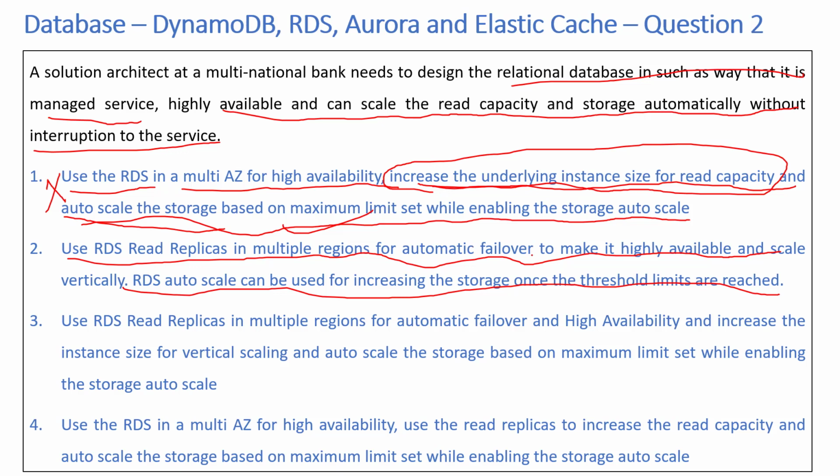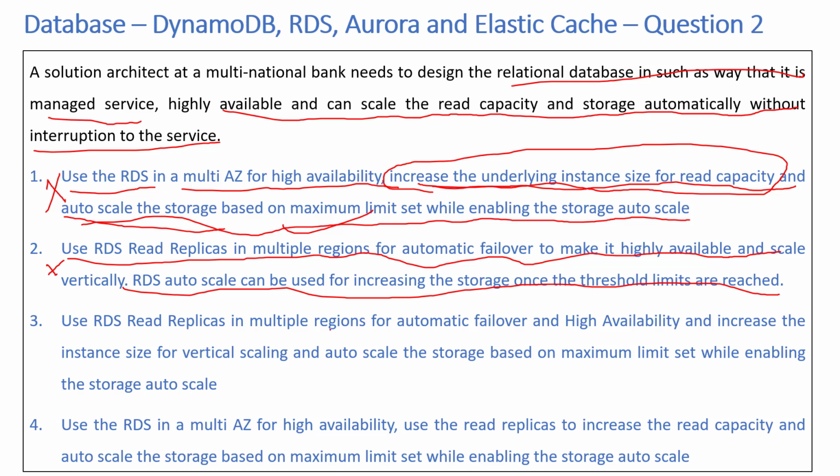So you can have read replicas in a different region for automatic failover, but that's not what the requirement wants. The requirement is looking to have the read replicas to scale. So it is partially correct in the sense that you will have read replicas across regions. So you might be easily able to scale up with the increasing read requests, right? Okay, so it seems partially correct, but let's look at if there is a better option available.